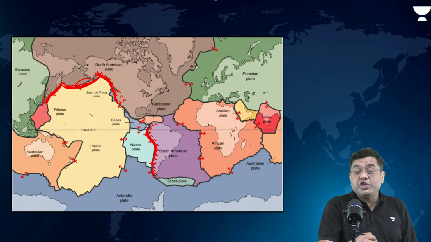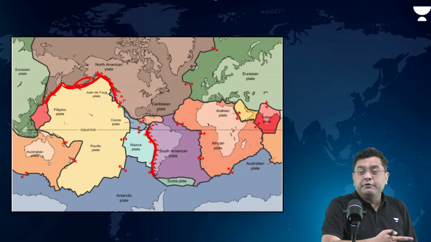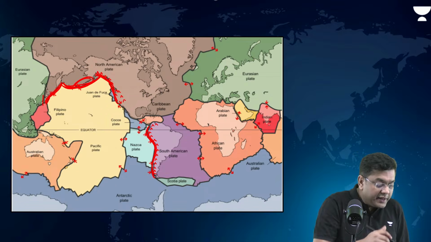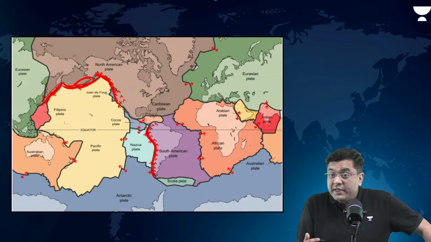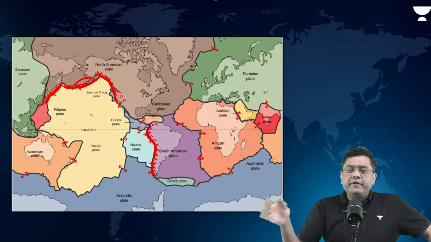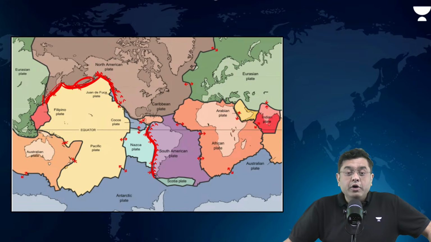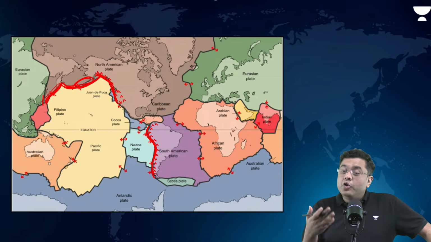Aleutian Island chain has been created as a consequence of this. The Japanese volcanic region, for example, Mount Fuji, all of this has been created as a consequence of this. That is the reason why the entire region of the Pacific has earthquakes and volcanoes, also known as the Pacific Ring of Fire. Okay, so this is the region where you have the oceanic-continental convergence.